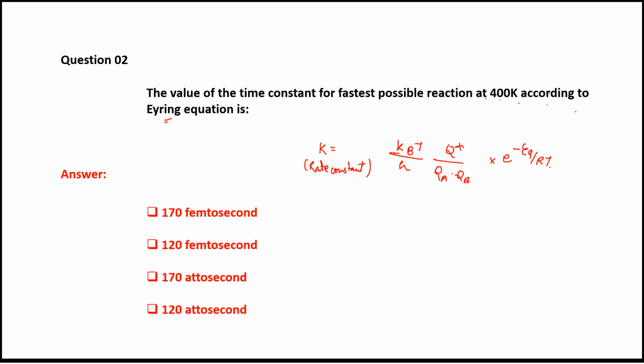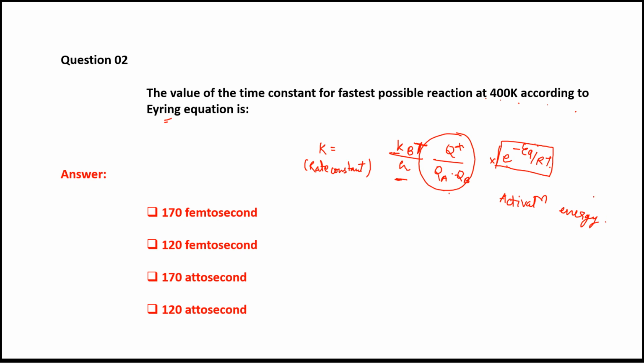What do all these constants mean? k_B stands for the Boltzmann constant, T for the temperature, h for Planck's constant. Q star upon Q_A Q_B is the partition function, while the other is the exponential function which includes the value of the activation energy.